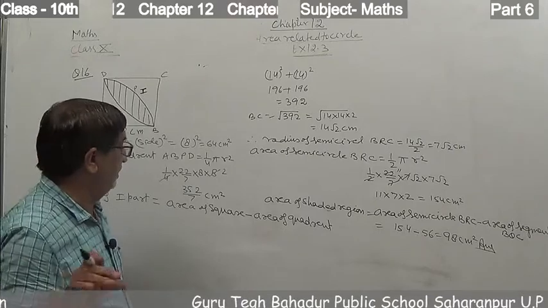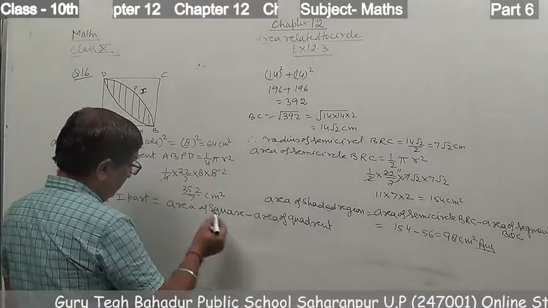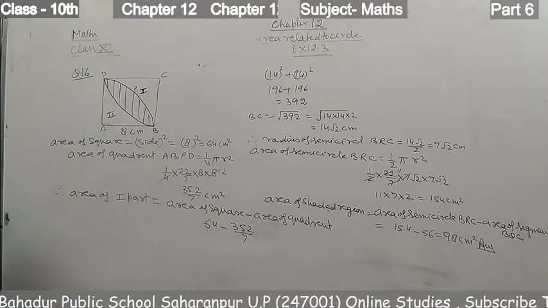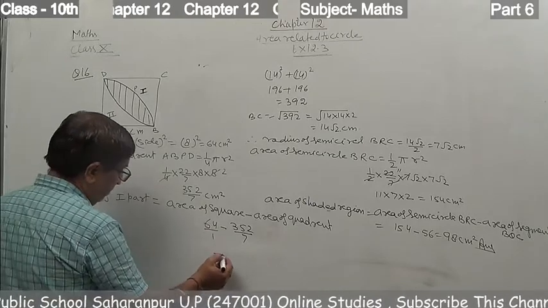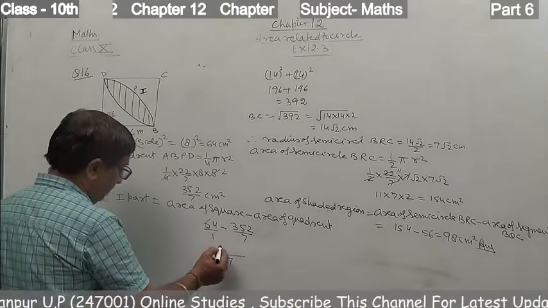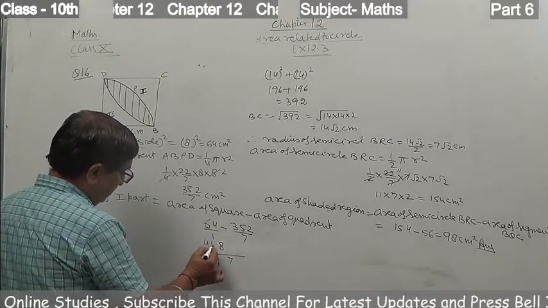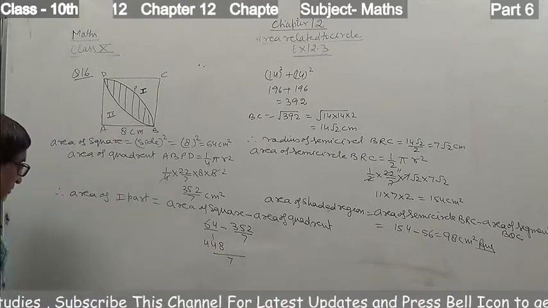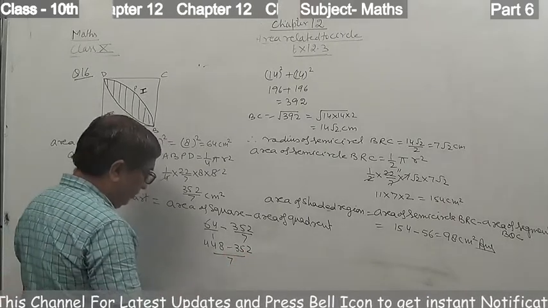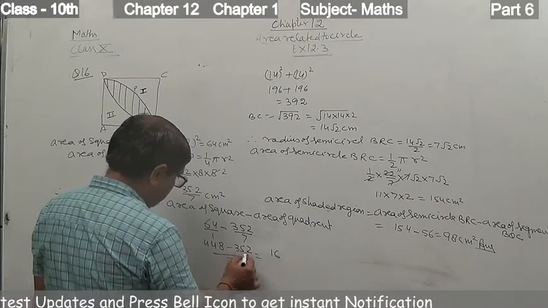Area of square is 64 minus 352 upon 7. Take the LCM of it. 7 is the LCM. 7 4's are 28, 7 6's are 42 and 2, 44. Minus 352, that is 6 1 1.